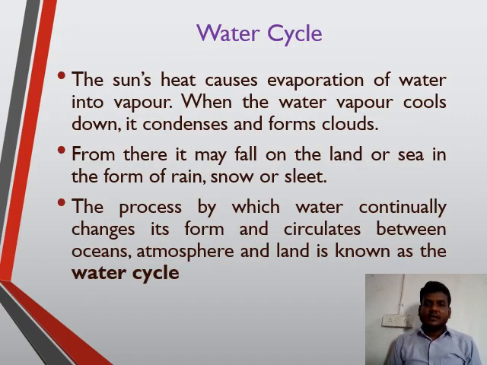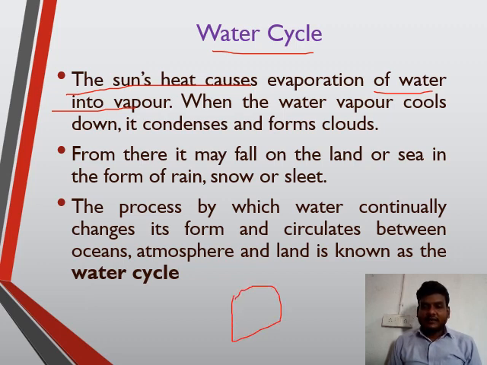Here is the process of the water cycle. The sun's heat causes evaporation of water into vapor. We know the sun heats the land water, and it evaporates. When the vapor cools down, we call it condensation.